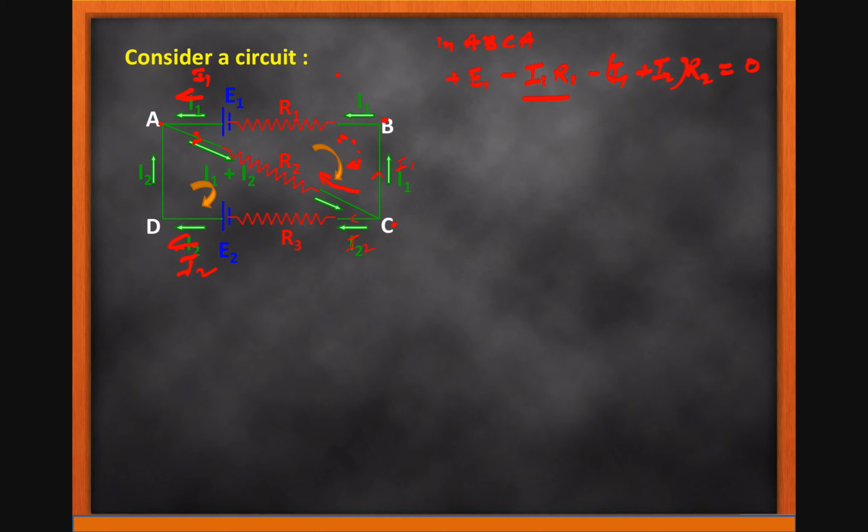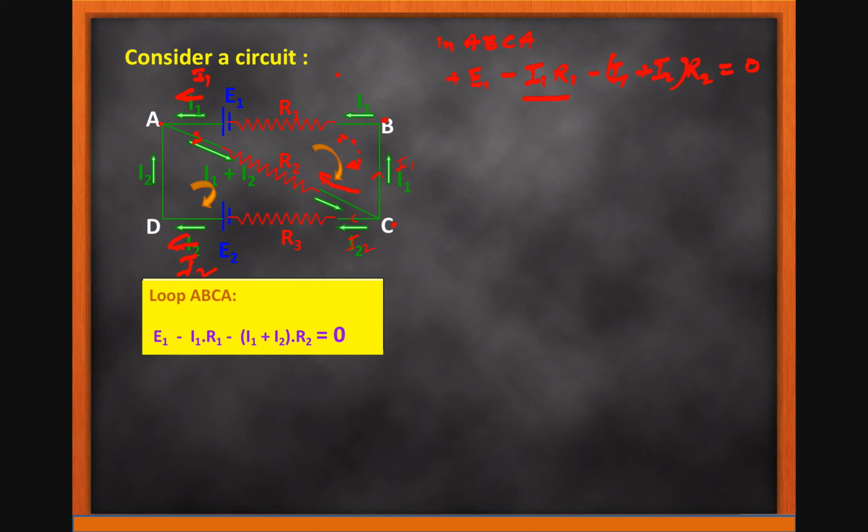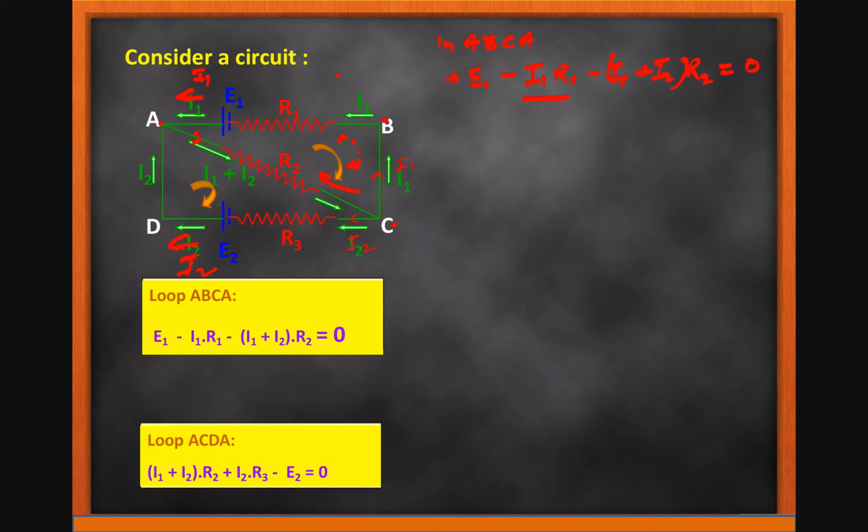And E1 is positive because during the loop the plus of E1 comes first. Similarly, we can take the second loop, loop ACDA. In loop ACDA, the potential difference across R2 is I1 plus I2 into R2, taken positive.